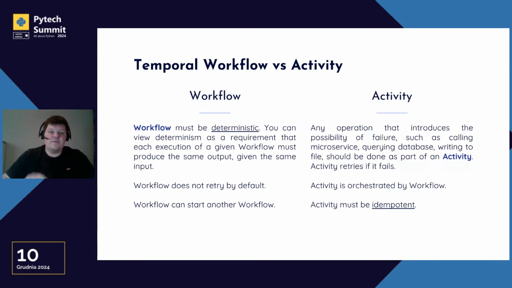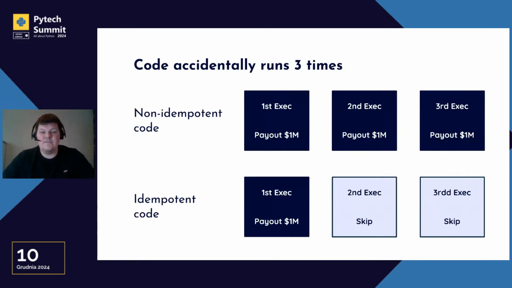It means an activity is part of a workflow, and an activity must be idempotent. Again, a crazy word. That's why I prepared this visualization for you. Code can be executed by mistake 3 times. At the top we can see, let me highlight, an example of non-idempotent code. It means if by mistake we execute it 3 times, and our task is a payout, we will pay out not 1 million, but 3 million in total.